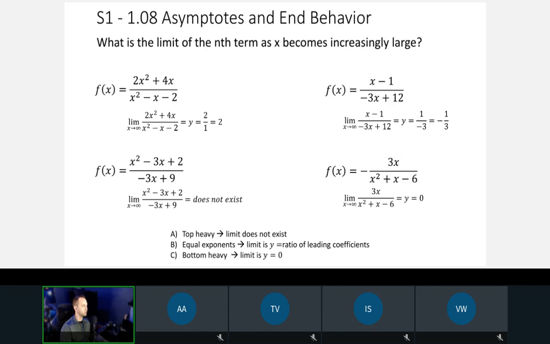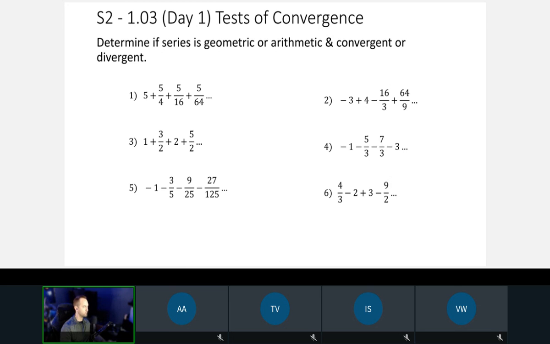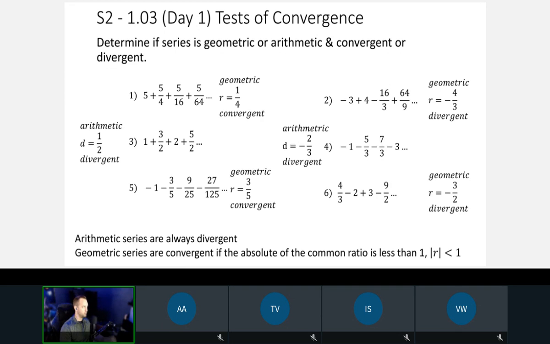So find the limits. This is the top heavy, bottom heavy, even. Use the bottom part to really make that determination. Pretty straightforward. Geometric and arithmetic. This one you need to determine if it's geometric, meaning you multiply by some common ratio. Arithmetic, you're either adding or subtracting by some common difference. And all arithmetic are always divergent.